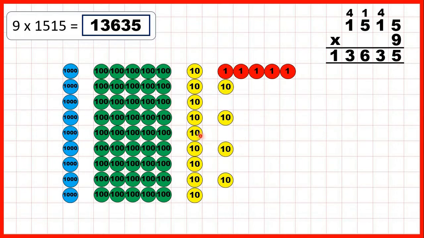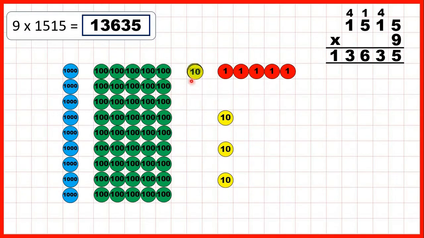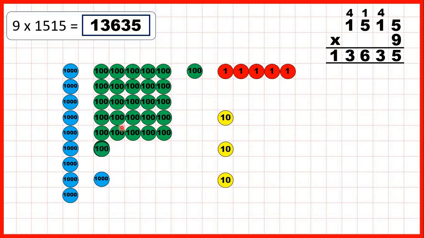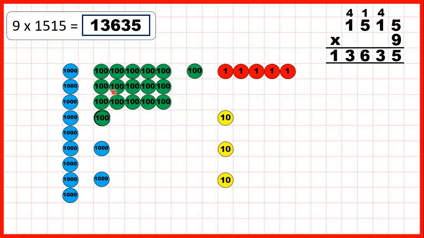But now we have 13 tens, and we can regroup those into 1 hundred and 3 tens, and that's why we write 1 above our hundreds and 3 in our tens answer line. But now we have 46 hundreds. We can regroup those into 4 thousands and 6 hundreds.